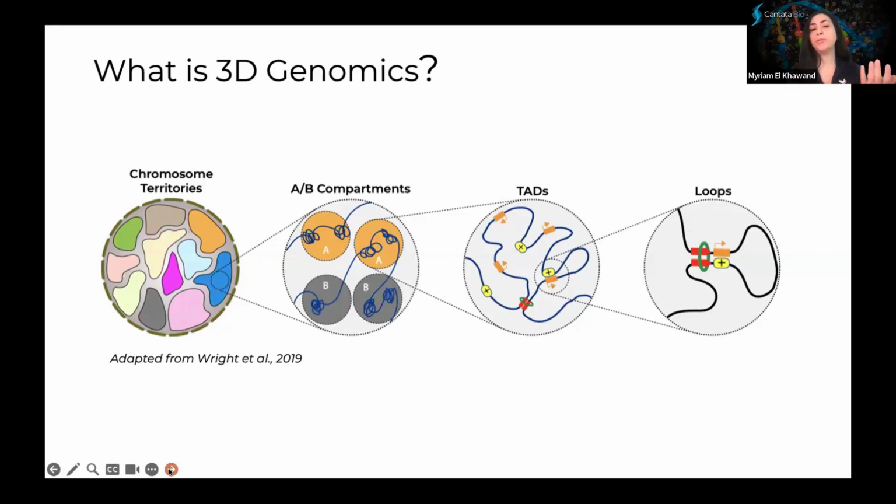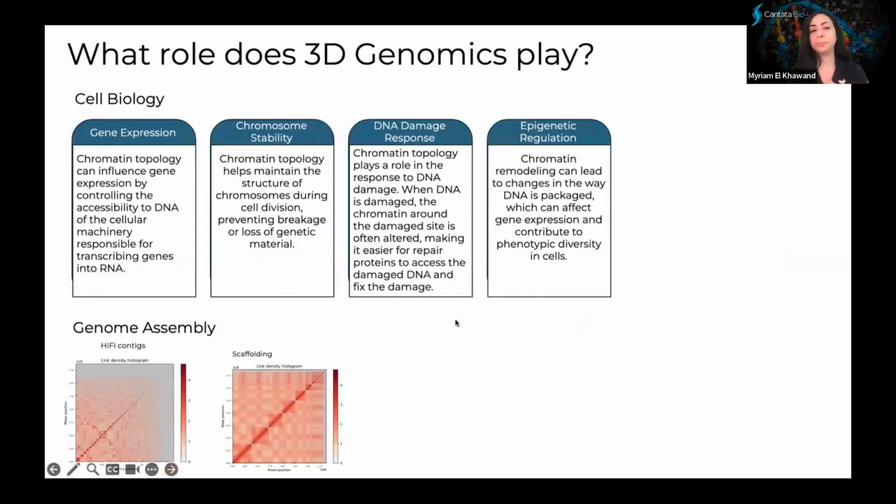So why 3D genomics is important? 3D genomics plays an active role in cell biology. It can control gene expression by influencing the accessibility of the transcription machinery to the DNA. It also helps maintain the chromosome structure when you have cell division, so it prevents any breakage or any loss of genetic material. It also helps the cell respond to any DNA damage.